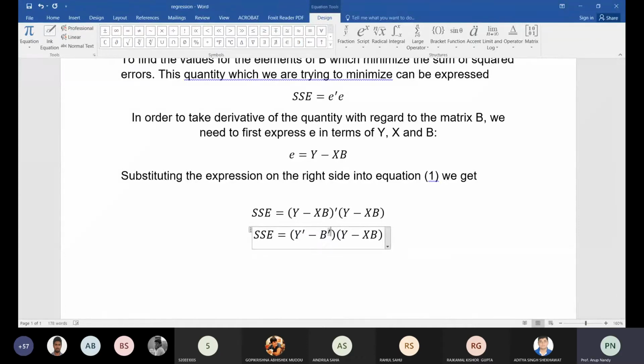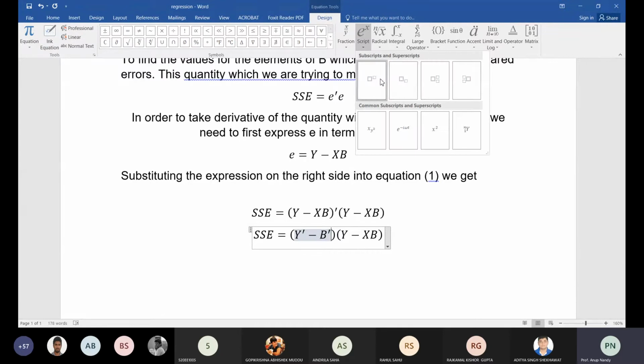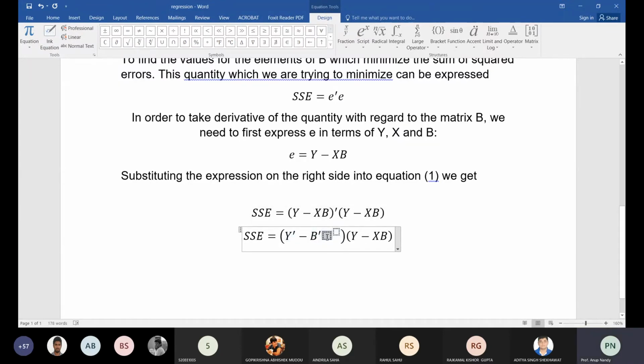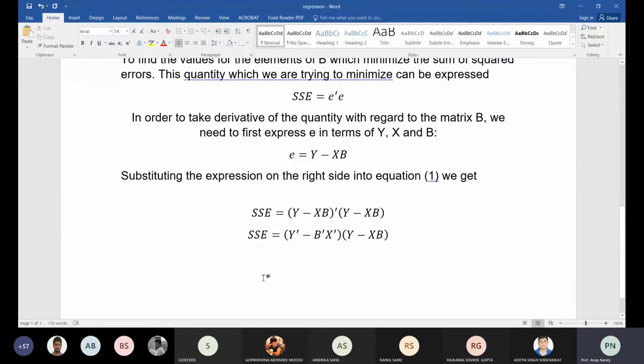Do you know why? It's the transpose property. Exactly.